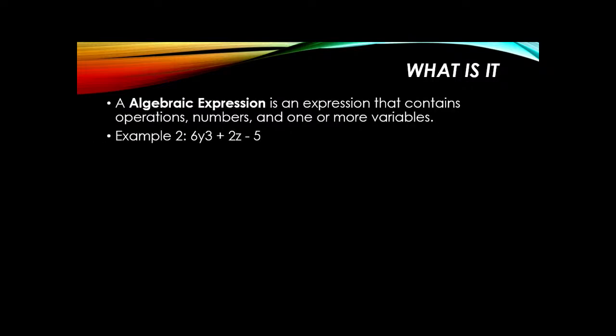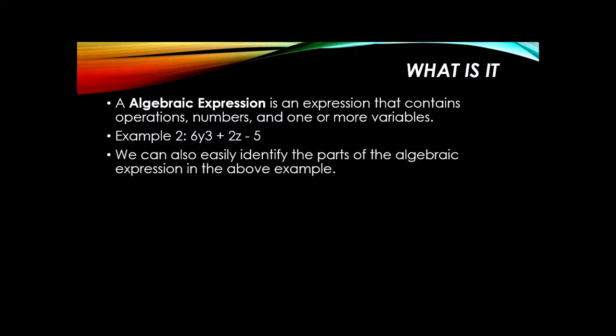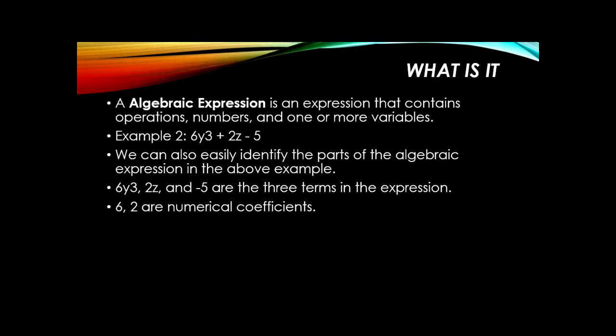Okay, number 2 example. 6y cubed plus 2z minus 5. We can also easily identify, dali na nato siya ma-identify ang parts of algebraic expression. 6y cubed, 2z, and negative 5 are the three terms in the expression. 6 and 2 are numerical coefficients.